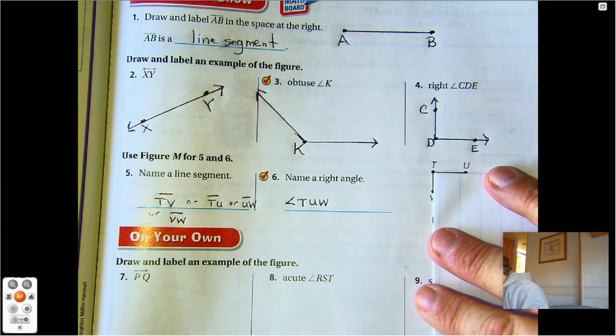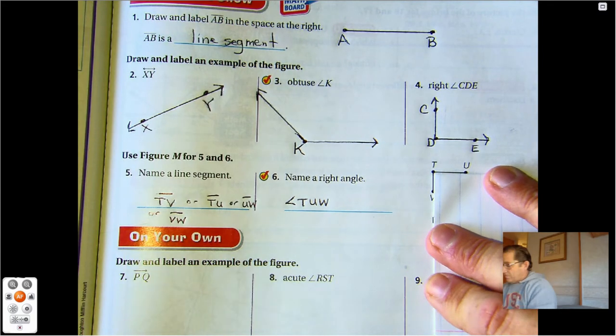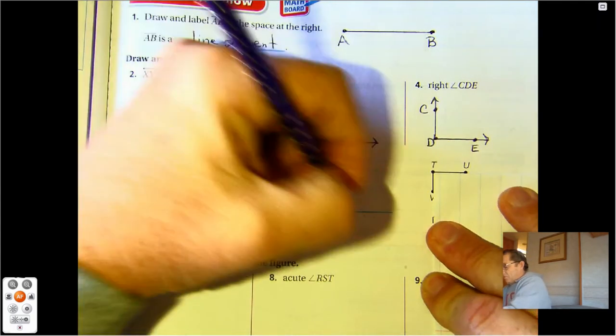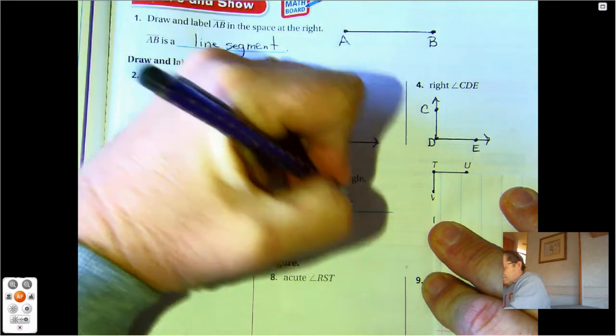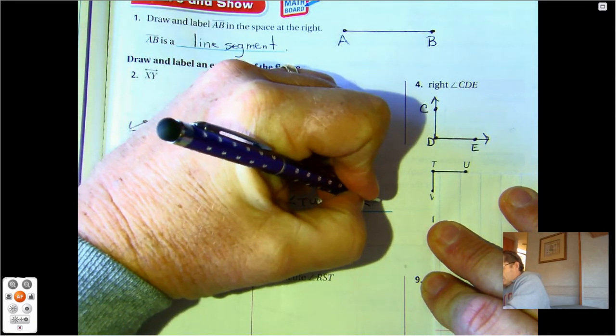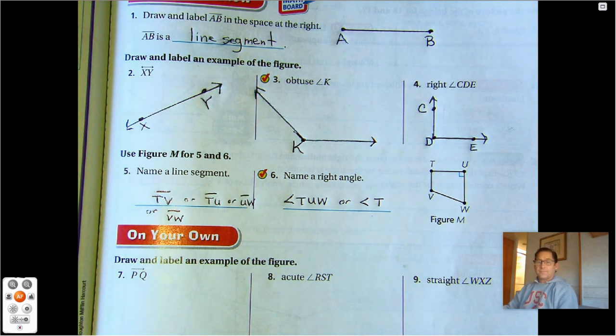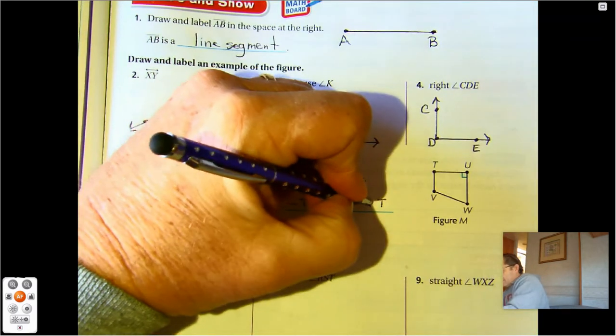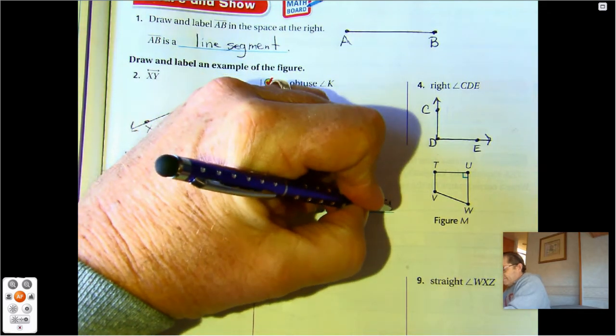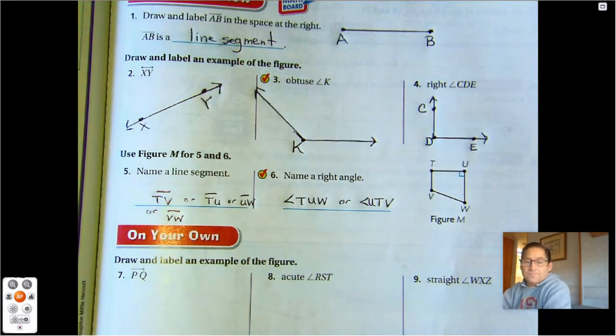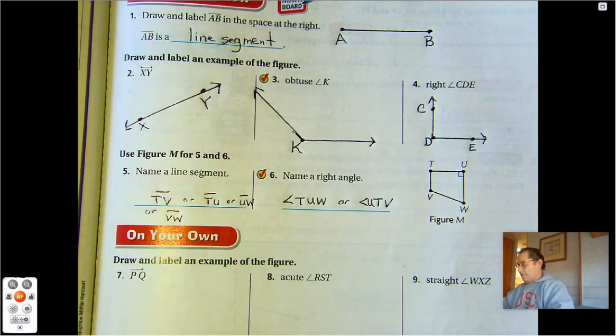If we put that lined up with our paper, I see both edges. So angle UTV is also a right angle.